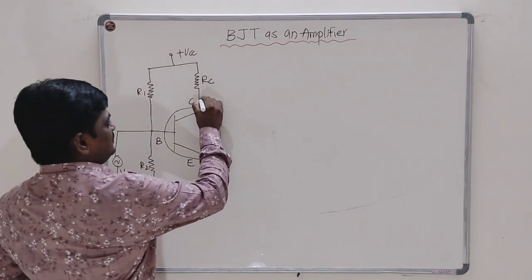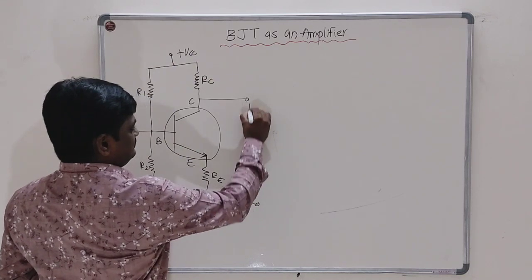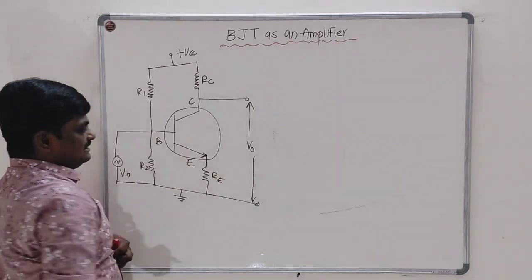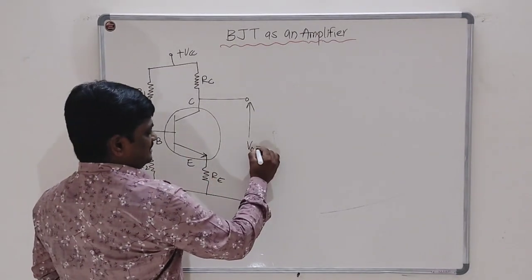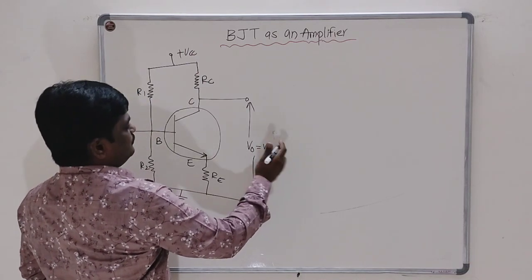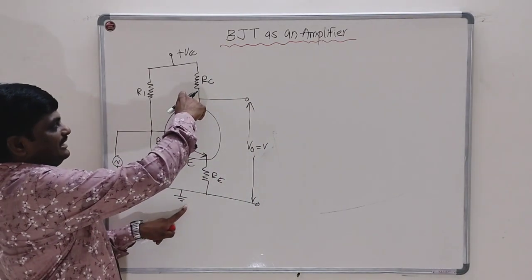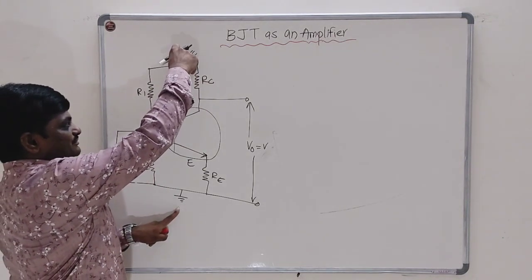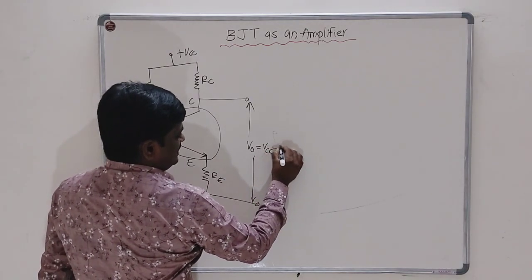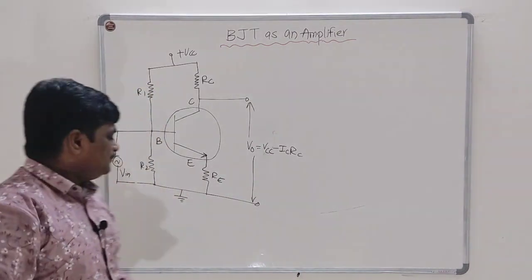And I'll measure the output between the collector and the emitter terminal, which is the output voltage VO. It is the voltage at the collector point with respect to ground, hence it is nothing but the total voltage VCC minus the drop across RC. So that is why it is equal to VCC minus IC RC, right? So this is the output voltage.